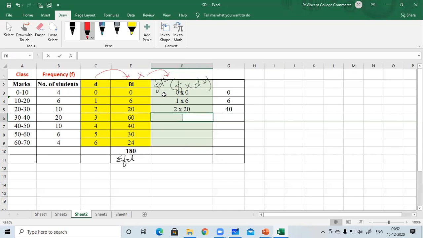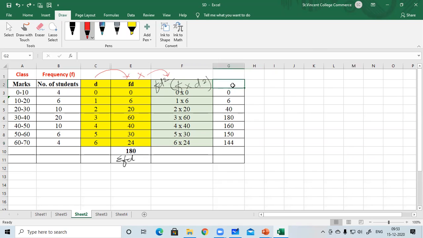This works. 3 into 60, I get 180. 4 into 40, 160. 5 into 30, I get 150. And finally, I have 6 into 24, I get 144. This column which I've highlighted in green, I'm just doing so that you all understand how we are working on these columns.